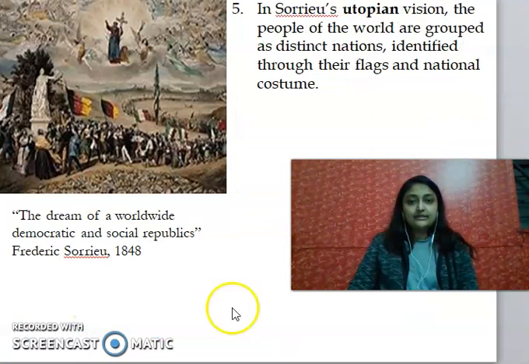Next point is, in Sorrieu's utopian vision, the name is Frederic Sorrieu, the people of the world, that is of different nations, are present here. You can identify them through different flags, through their different costumes. And what do you mean by utopian?